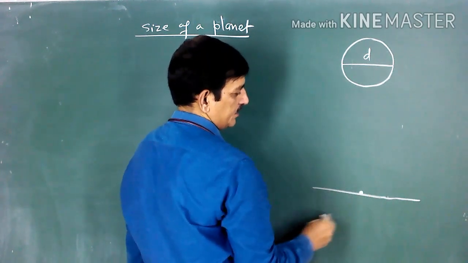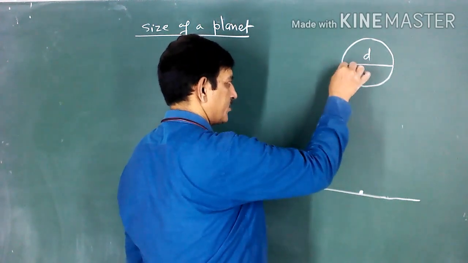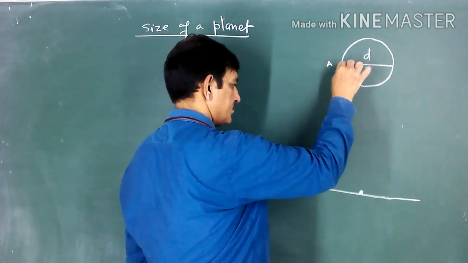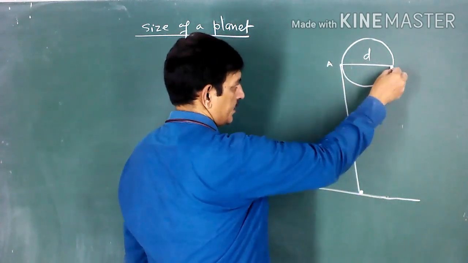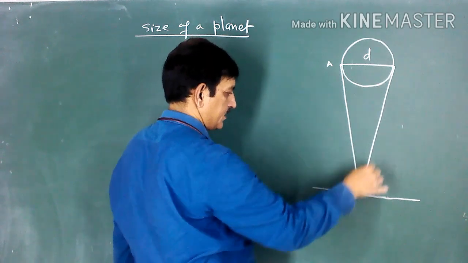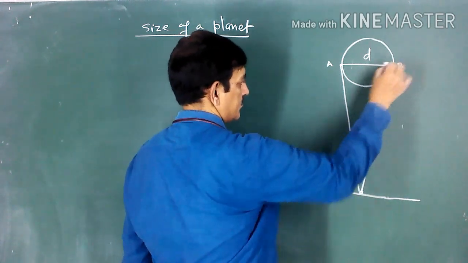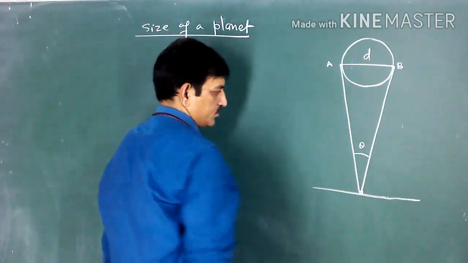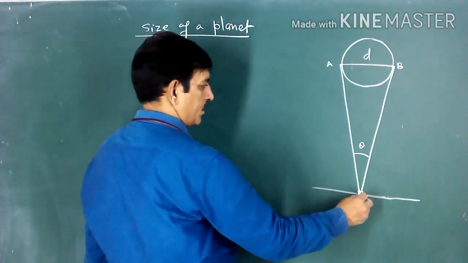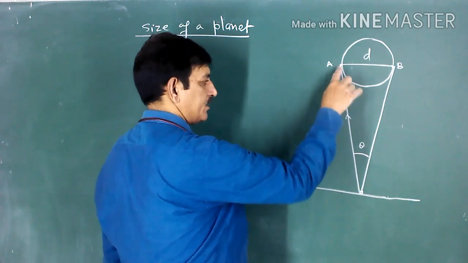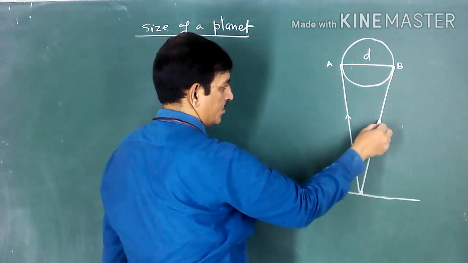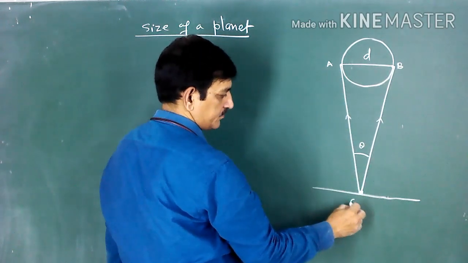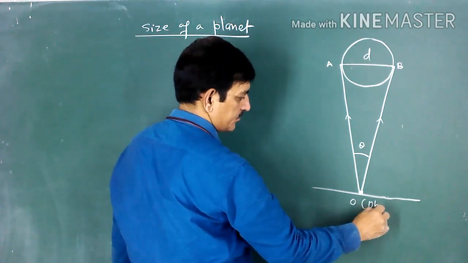Suppose we are standing here and we are looking at A. Again we are looking at another end, that is B, and we can measure theta also. This is the line of sight of A, this is the line of sight of B from the observer. Here O is the observer.